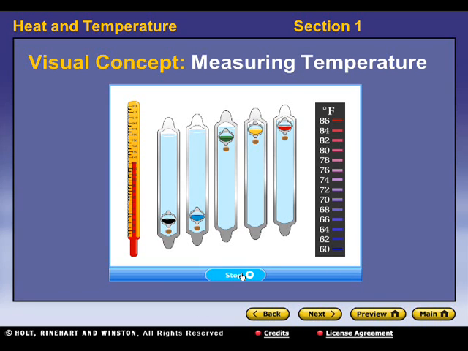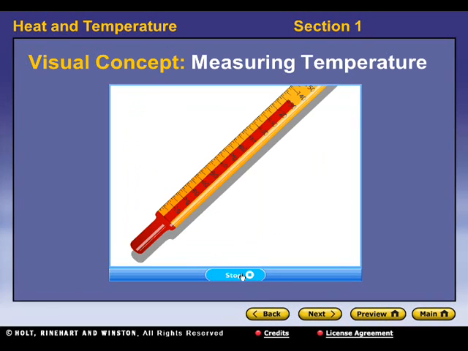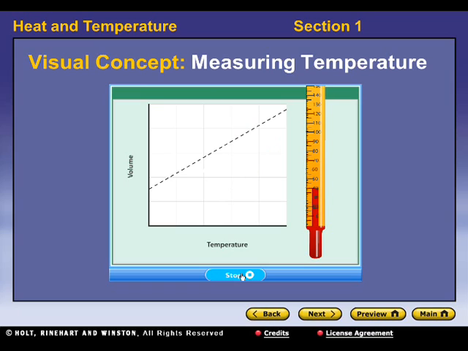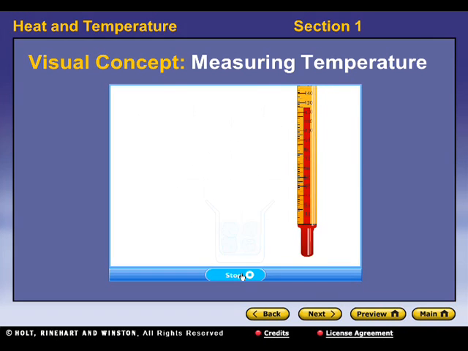A thermometer is anything that changes in a measurable and predictable way when temperature changes. The most common thermometers use mercury or alcohol confined in a thin glass tube. As the thermometer is heated, the volume of the fluid increases. The relationship is roughly linear.